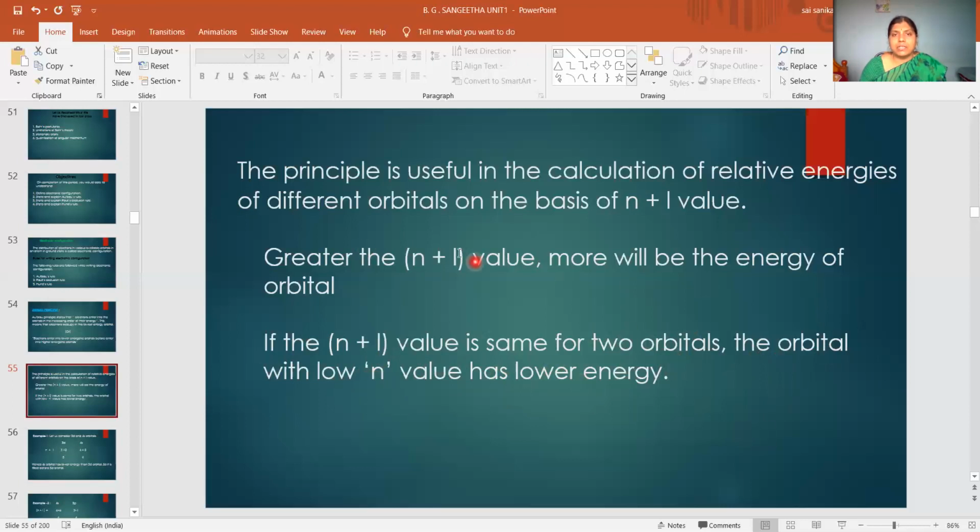Generally we will consider this n plus l value. In case you have the same n plus l value, then you have to go by the n value only. We will see the examples, then you will understand.